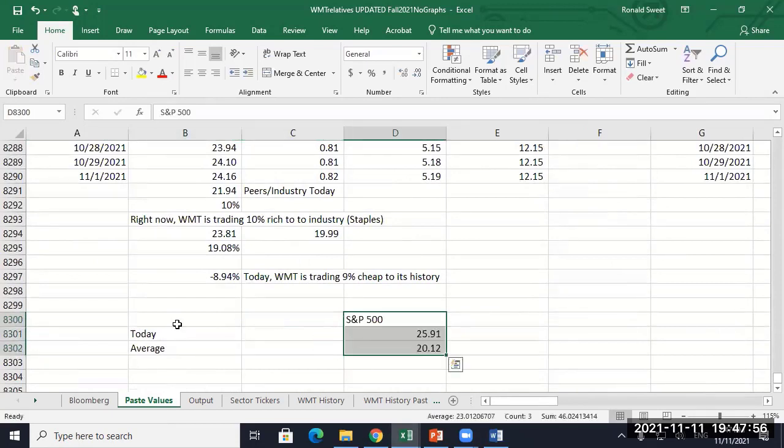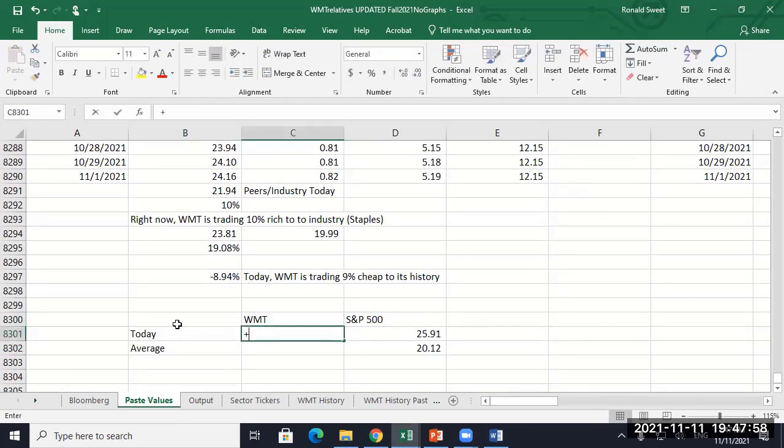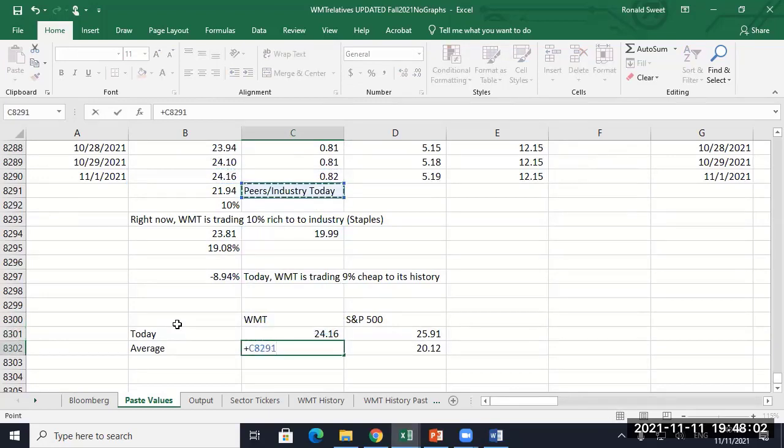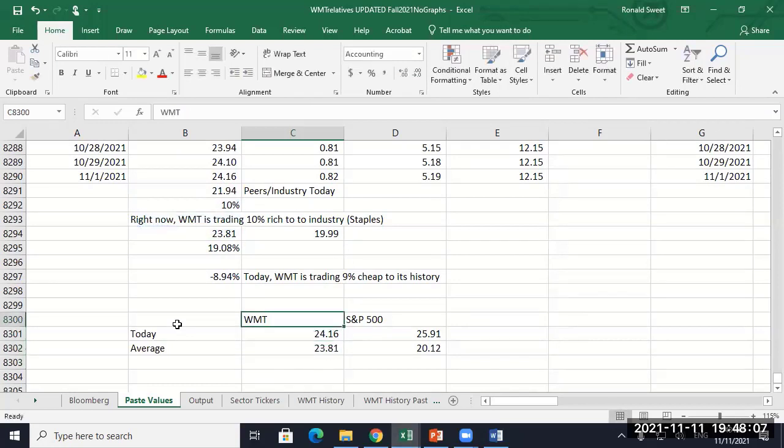I never know when I have the pin key hit. So today Walmart's 24.16, the average. Average is what, 23?